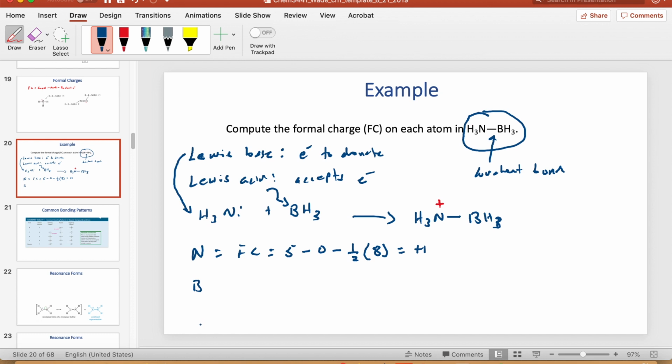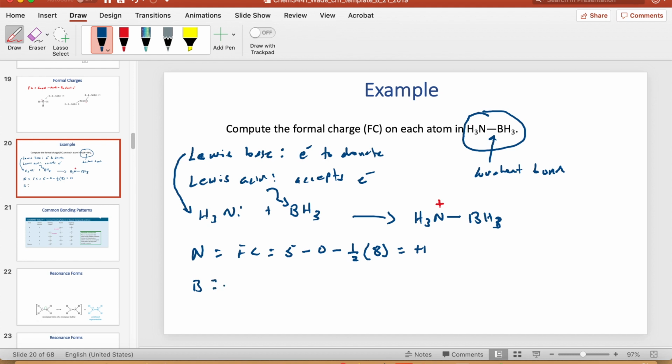All right, so now let's move over to the boron. So boron here, if we look at our group number, and we repeat the same set of steps, then boron is actually going to have a negative charge.